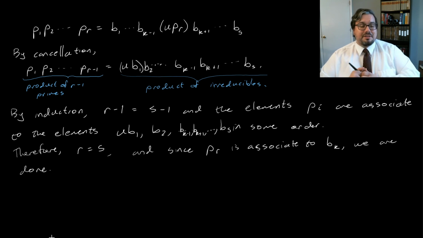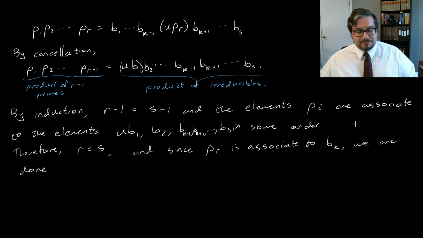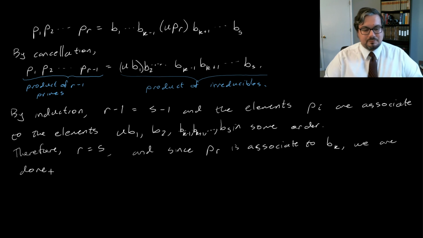We've shown that the two factorizations P1 through PR and B1 through BS, first of all, have the same number of elements because r equals s, and that all of the P's are associate to the B's in some order. Thus, R is a unique factorization domain.